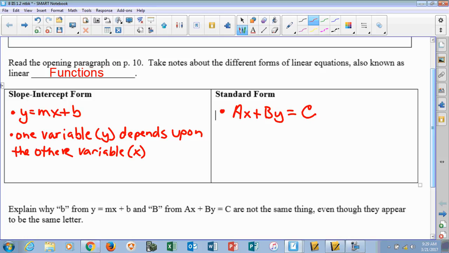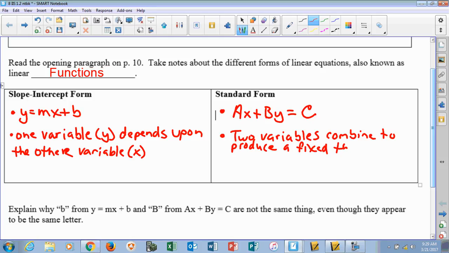In standard form, the scenarios you tend to get are two variables combining to produce a fixed third quantity. And that fixed third quantity is your c.